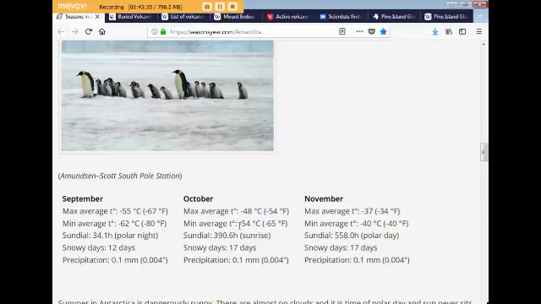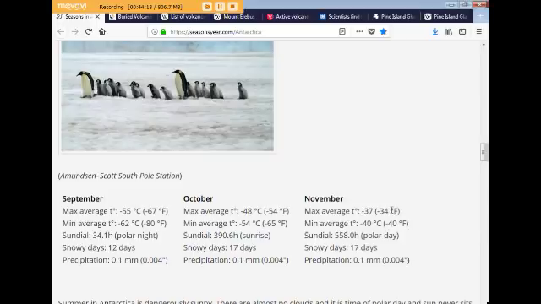October, it warms up a little bit. Their maximum average is -48 to -54 Celsius, or -54 to -65 Fahrenheit. And they get 390 hours of sunshine during the sunrise, 17 snowy days, 0.1 millimeter of precipitation. November, it warms up a little bit more.